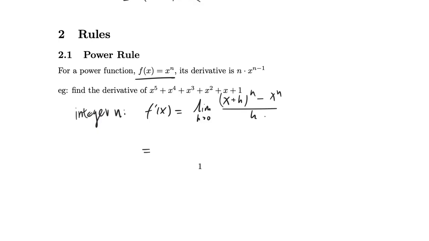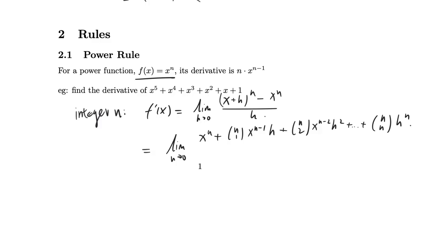And then by the binomial theorem, we can expand whatever is here. So we can go like x to the n plus n choose 1 x to the n minus 1 h plus n choose 2 of x to the n minus 2 h squared, and then you would keep going until you get to h to the n. And then minus x to the n. And you would take all of this over h.